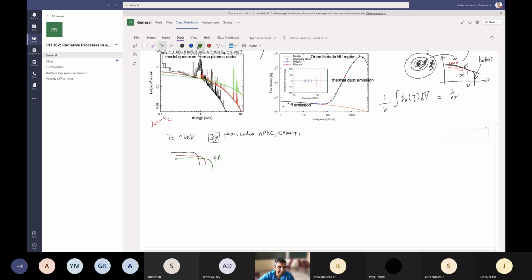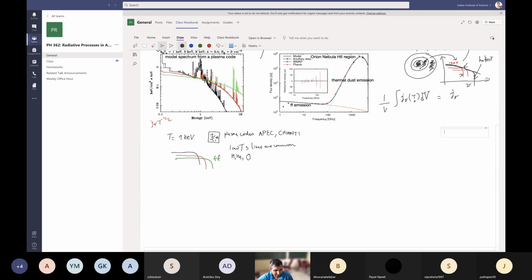Now these plasma codes also calculate the lines, and at low temperatures, lines are common. The reason is that of things like oxygen. So can someone tell me what are the most abundant ions in the universe? Of course, there's hydrogen, helium. After this, do you have a sense of which ions are very abundant in general astrophysical systems?